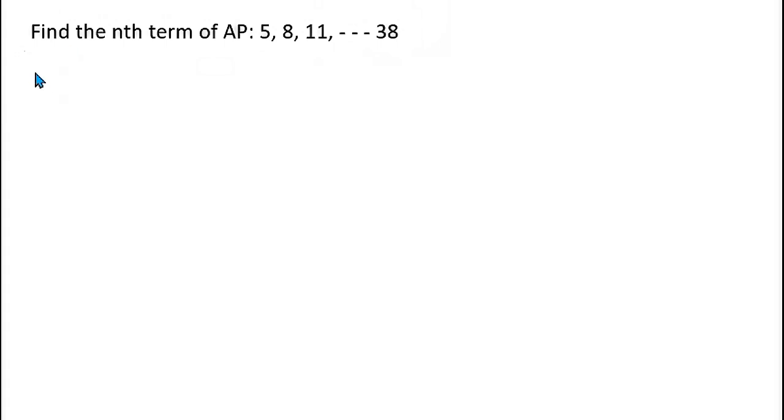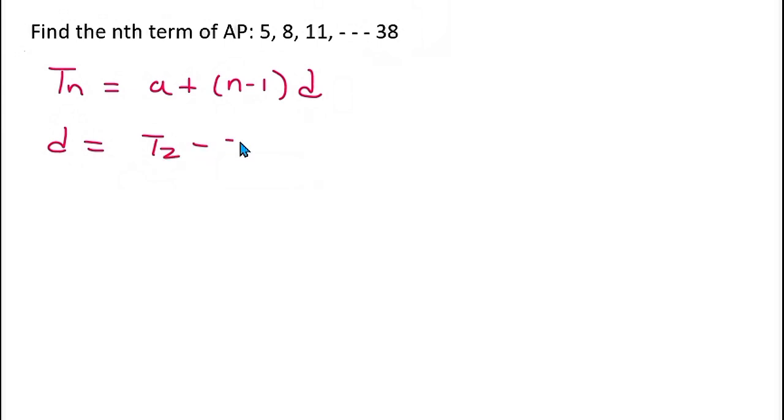First we need to note that the nth term is given to be A plus (n minus 1) times D. Now the common difference D is going to give us t2 minus t1, and in our case t2 is 8 and t1 is 5, so this will be 8 minus 5, which will give us 3.